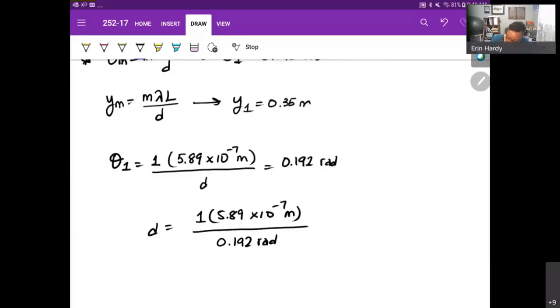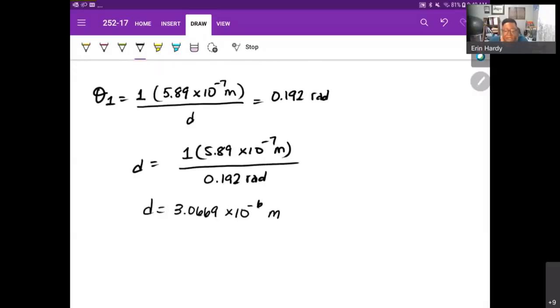We have lowercase d is equal to 3.0669 times 10 to the negative 6. This is meters. So we're looking at two sig figs for this problem. So this is 3.1 times 10 to the negative 6 meters, or we can say 3.1 micrometers.